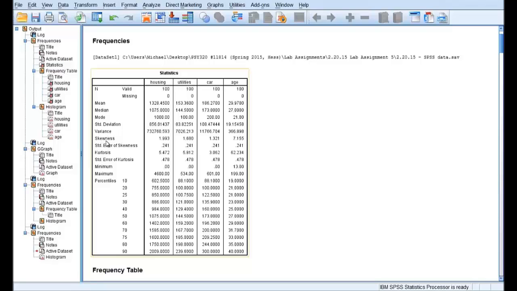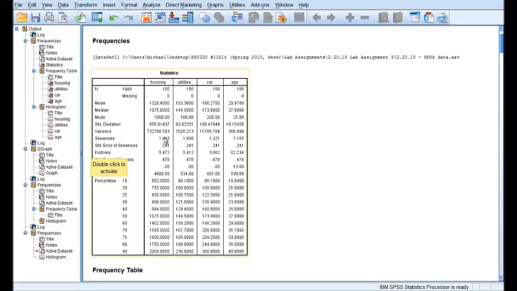What skewness does is, I'm not going to go into the details, but SPSS analyzes your data and sees if there's a certain skewness from what the mean is. And based on that number, you can take it and compare it with the standard error of skewness. And that's something we talked about 2 lectures ago. So the standard error of skewness and skewness go hand in hand.